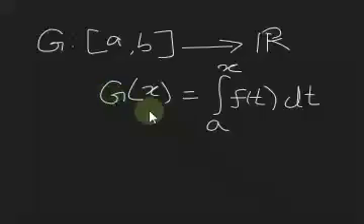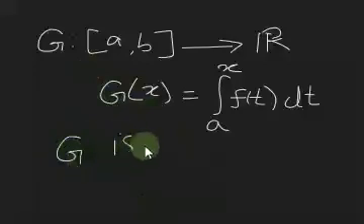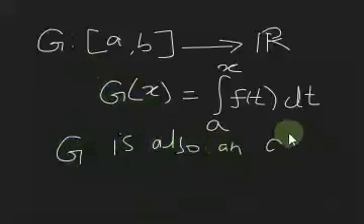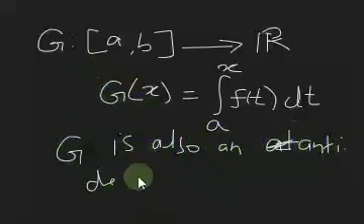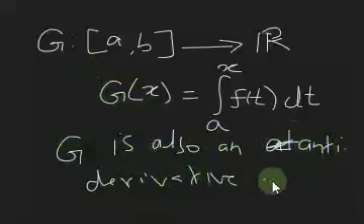So that means G, in this case, is also an antiderivative of lowercase f on the interval [a, b], right?